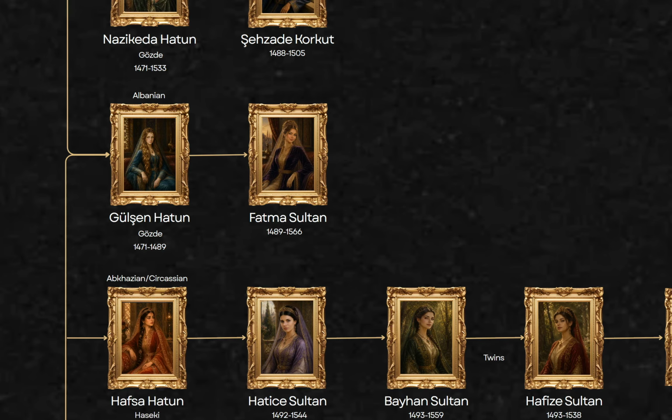So, instead, I explained that closeness through the fostering. If Fatma's mother died in childbirth, which was extremely common historically, Hafsa could have easily stepped in as a mother figure for Fatma.